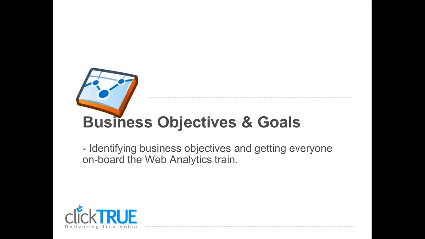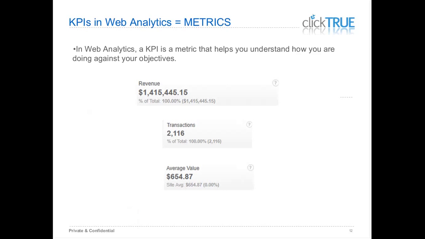And just some quick tips on web analytics: identifying business objectives, and trying to get your staff on board the web analytics train, getting involved in a data-driven culture. So you can set KPIs for them. That's a good start. In web analytics, KPIs are equivalent to metrics.